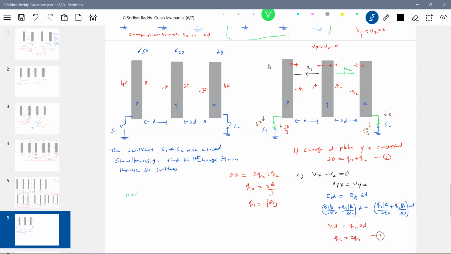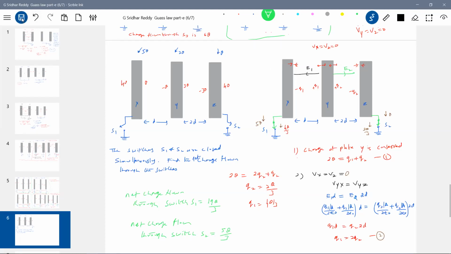Net charge, 5Q, so 15, 19Q by 3. Switch S2 will be 5Q by 3.